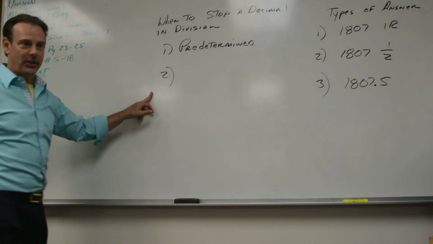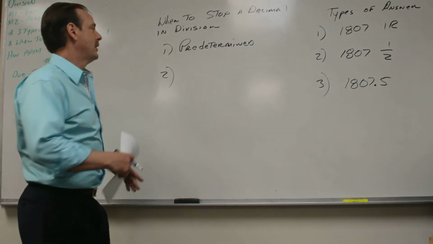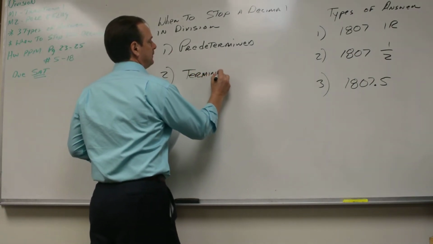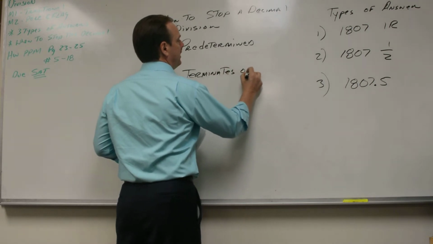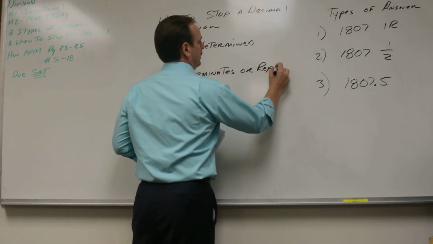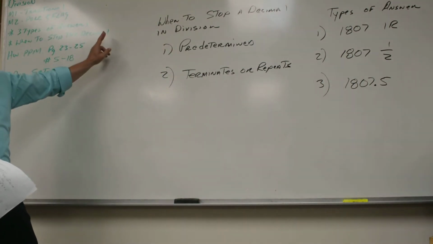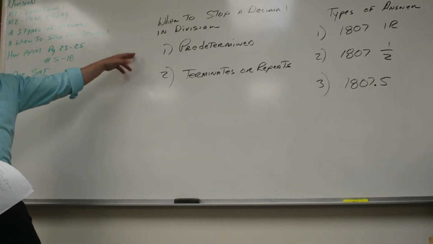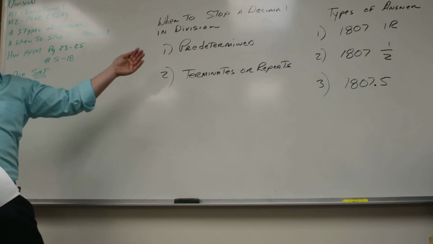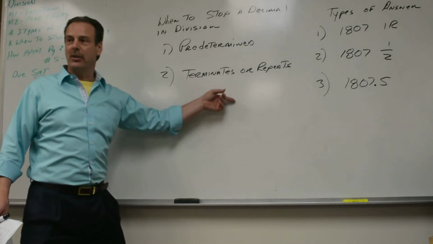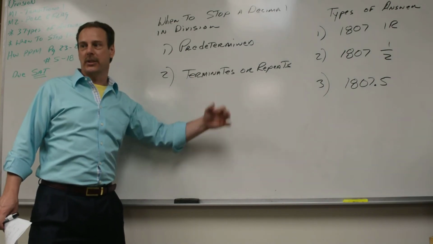The second method, if you're not told, is whether it either terminates or repeats. In that previous one where we had 9 into 1, it was 0.111. As soon as it starts to repeat, you can stop right there. If it zeroes out like we did on most of them, that's when you can stop as well.